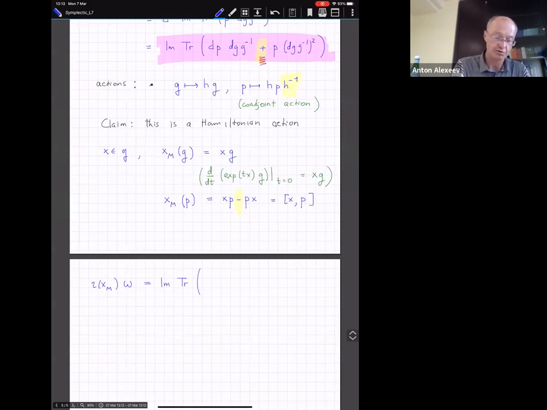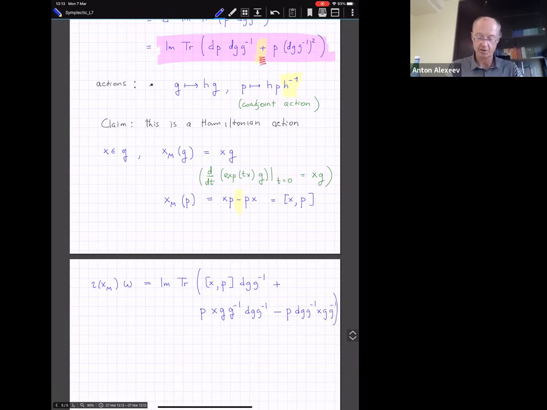Here, the substitution in dp gives xp dgg minus 1 plus p. And here I make a substitution in the first copy of dgg minus 1. I get xg g minus 1 dgg minus 1. And for the second copy, I get a minus sign because I go for the second factor, and I get p dgg minus 1 xg g minus 1.